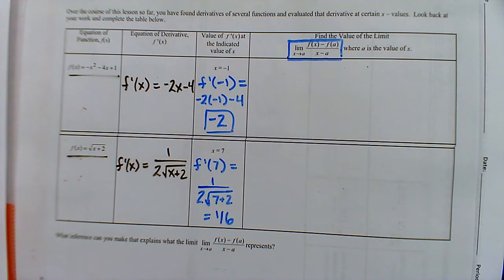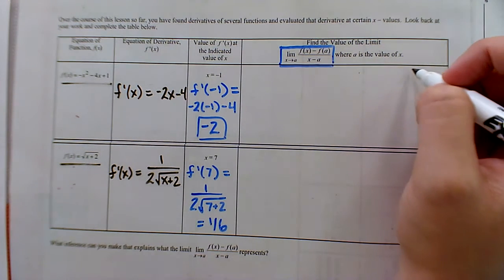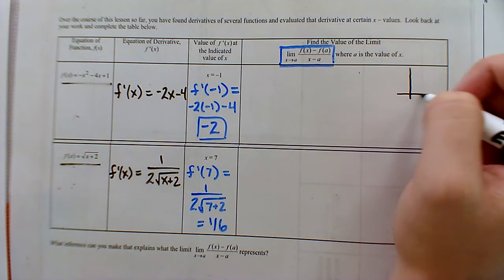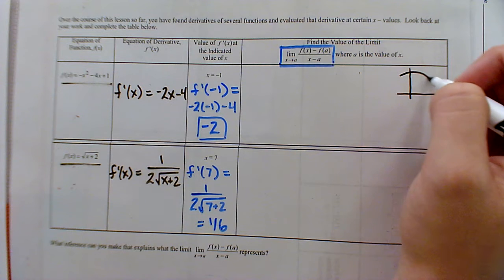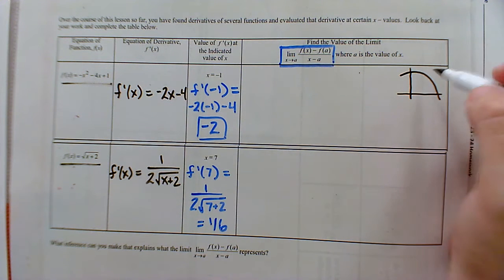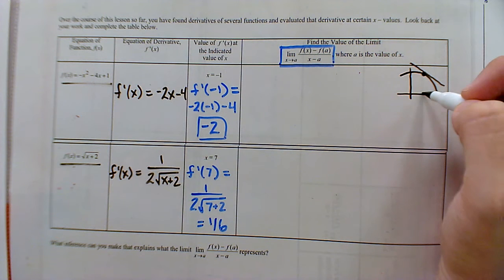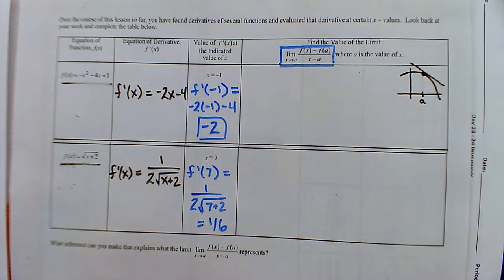And if we really were to think about what this limit is telling us, let's say, graphically speaking, I'm going to draw a little picture over here to the right, kind of like the one we used for the tangent line or derivative example. Let's say that our tangent point right here, we know has an x value of a.